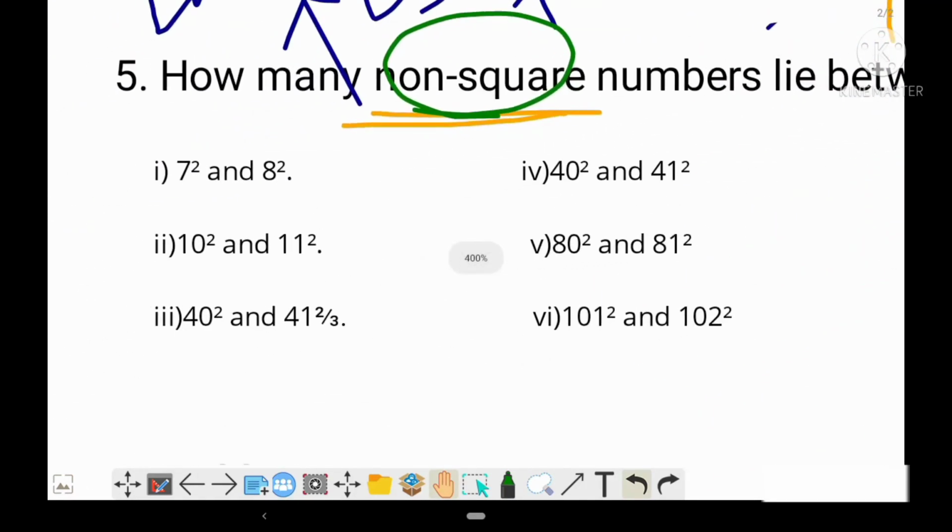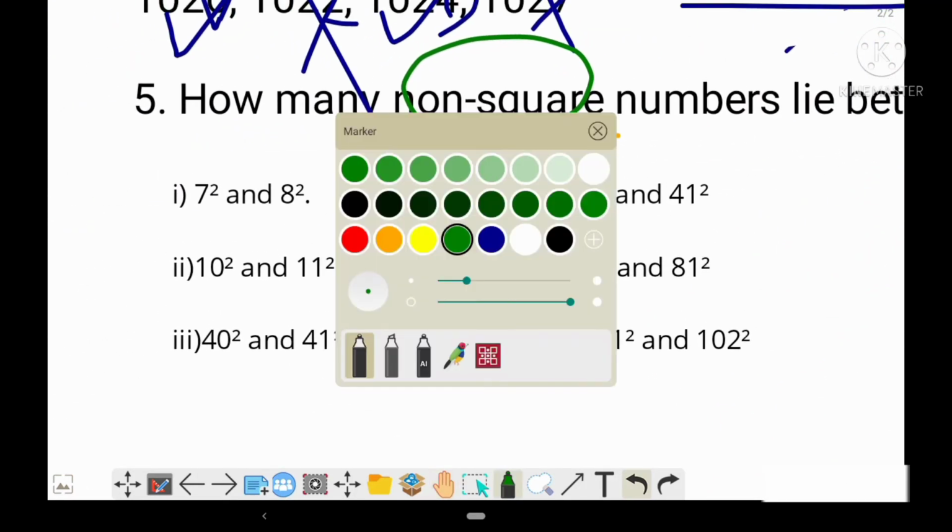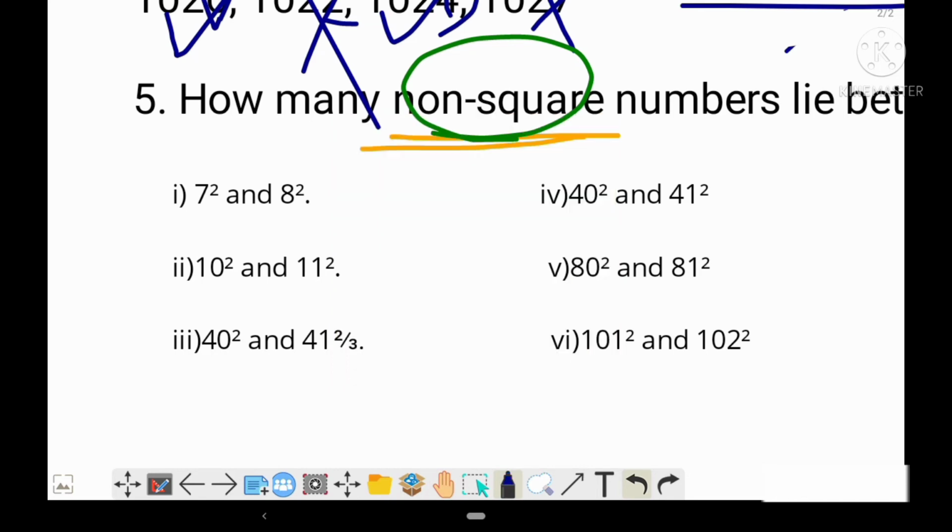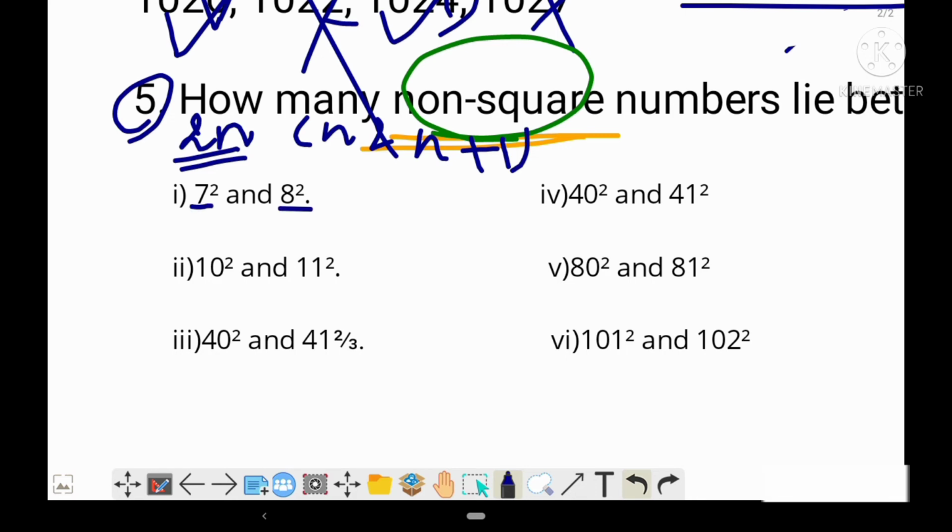Let me zoom out for you. The first sub-question of question number 5 is 7 square and 8 square. Remember, 2n, n and n plus 1. So this is n and this is n plus 1. As per the formula 2n, we will get the non-square numbers.